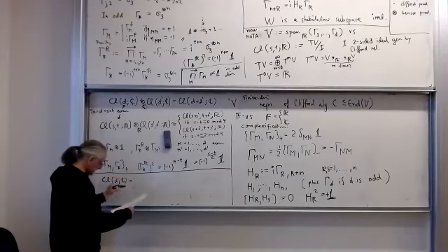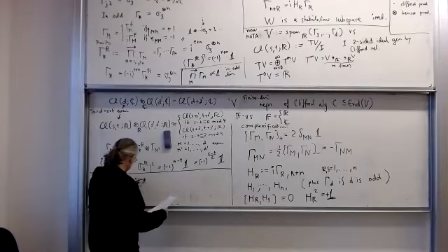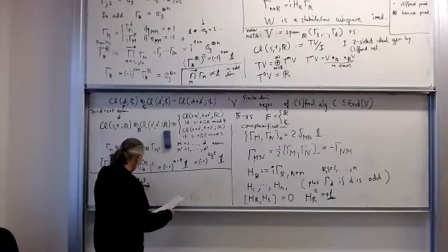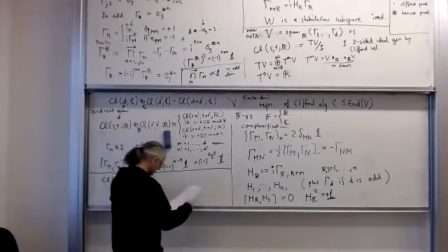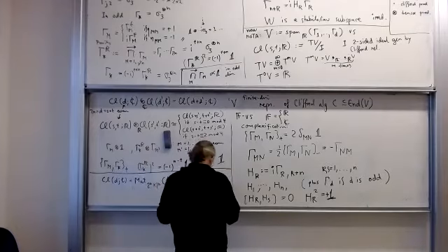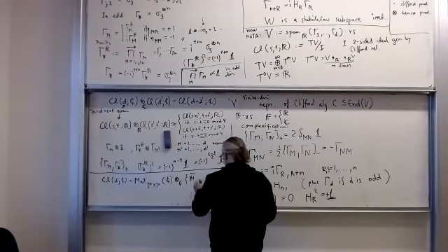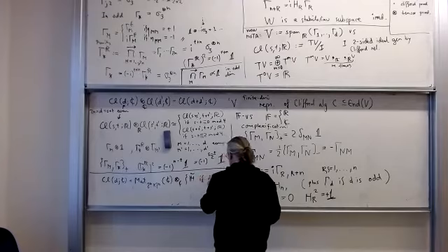So the classification is that you should take Mat(2^n, C), so it becomes a matrix algebra of that dimension, tensor C of something I'll call H tilde, if D is odd.